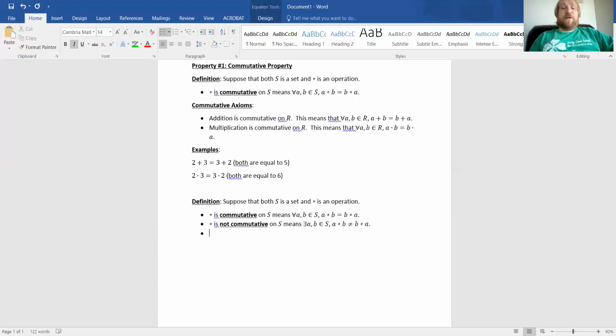Now, let's see. We said addition and multiplication were commutative on the reals. Now, let's look at subtraction. I claim subtraction is not commutative on the reals.